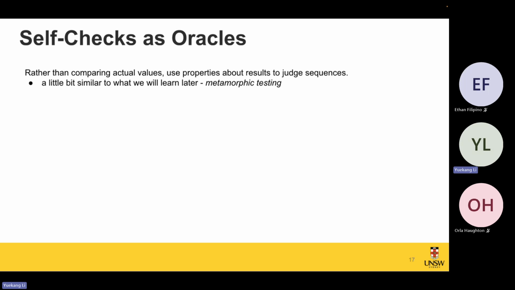Now, for the self-check, it means that instead of creating the check outside the target function, during development, we can inject some checks inside the function itself.